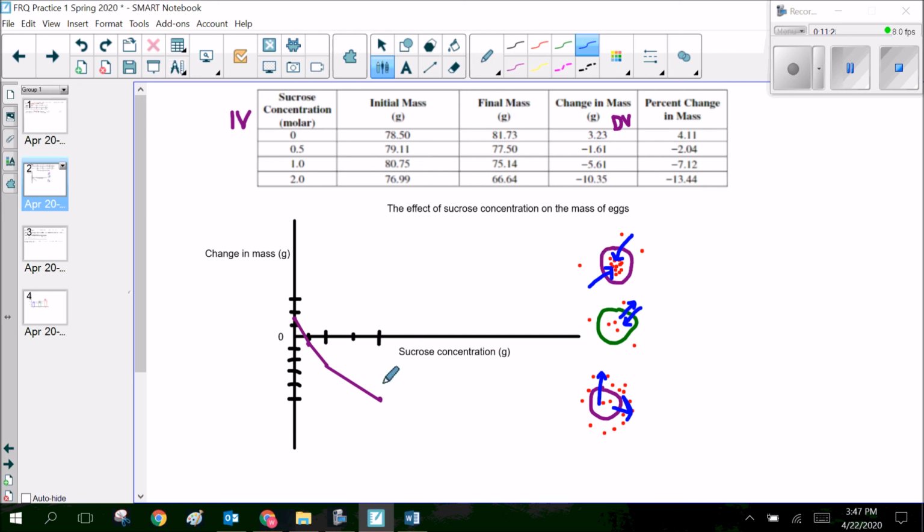Anything beneath that 0 line is going to represent the egg when it is in a hypertonic solution. Any point at which the line intersects the x-axis at the 0 line, we can assume that means that the egg and the solution are isotonic to one another, containing the same molar values for their sucrose concentrations.